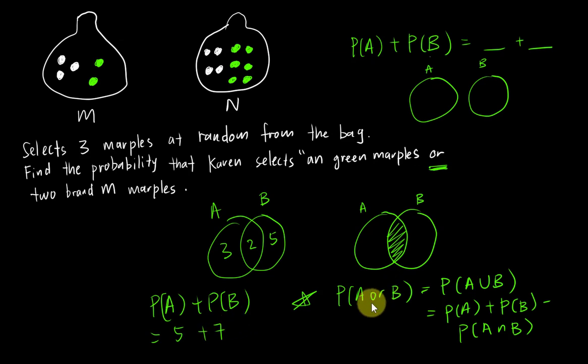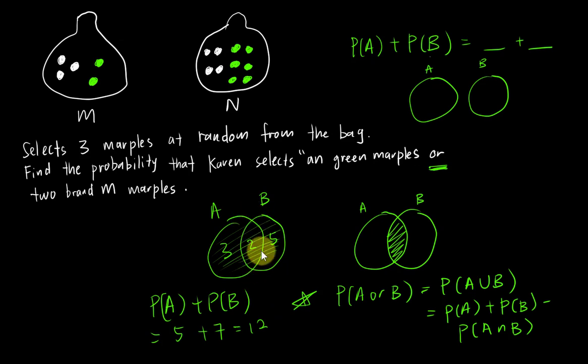Right, because we know A or B basically means A union B, which means you have to shade the whole thing. When you shade the whole thing, you realize it's 10, 3 plus 2 plus 5. But over here, if you do 5 plus 7, you get 12, because you repeat the intersection one more time.